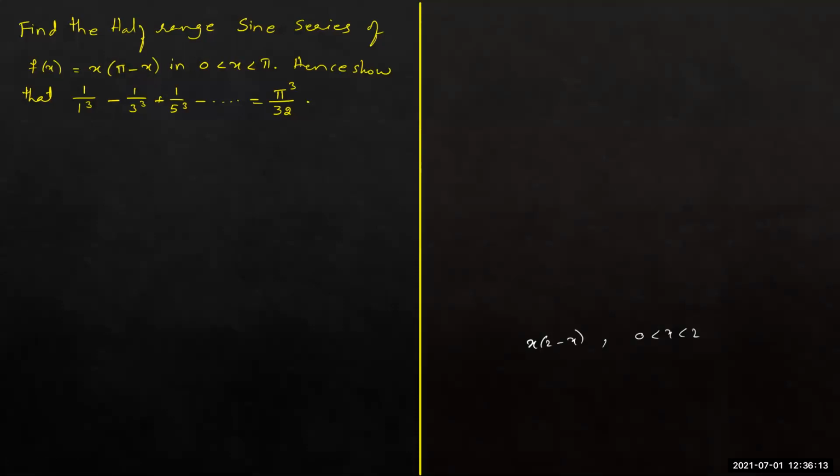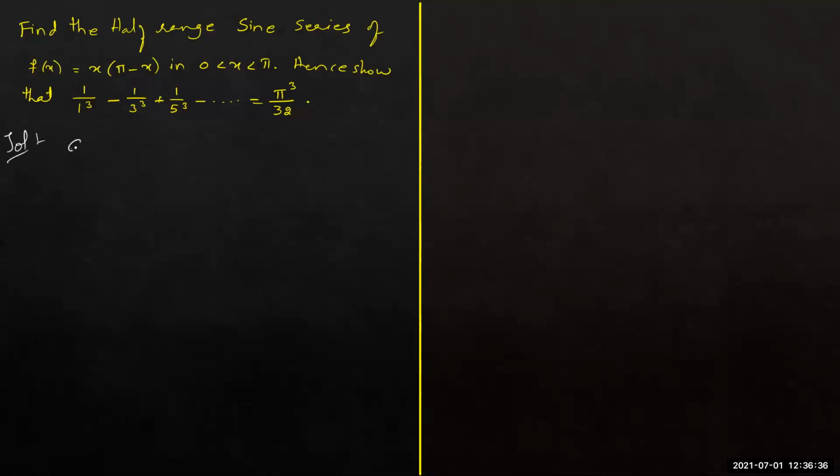When it is x into pi minus x, the interval you will be given is 0 to pi. When you practice this question, automatically you can practice the one in arbitrary intervals, x into 2 minus x, where the interval will be 0 to 2. So both are almost similar questions. Keep that in mind, and now let us find this half range sine series.